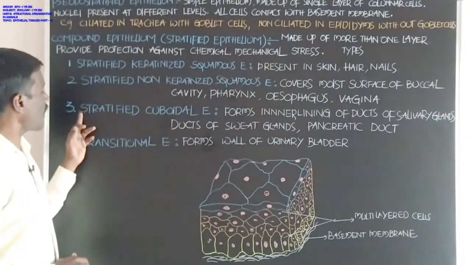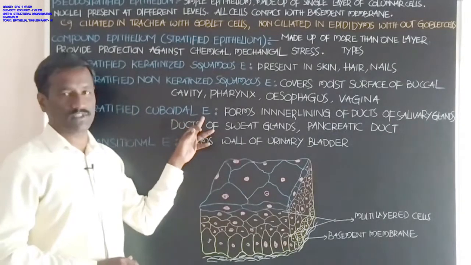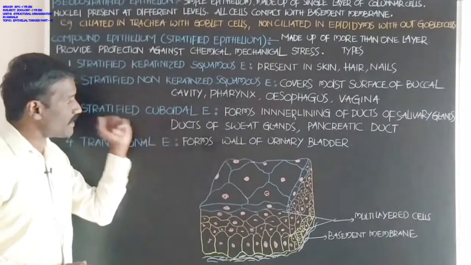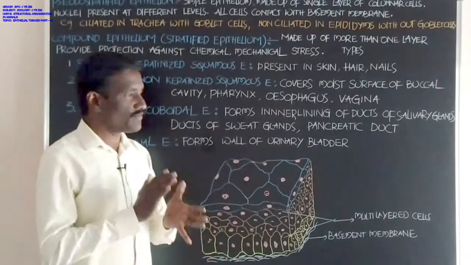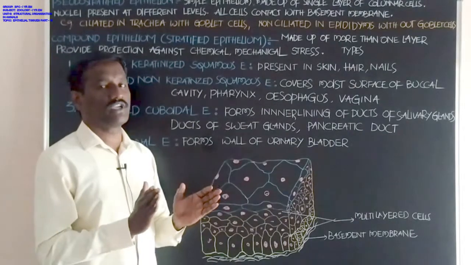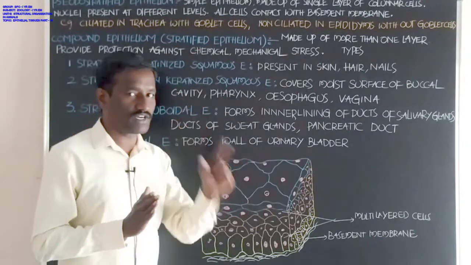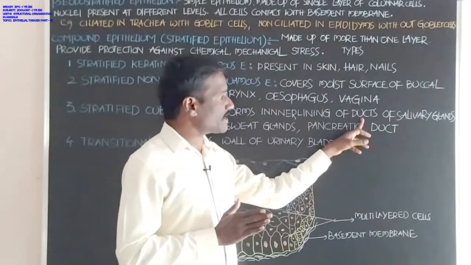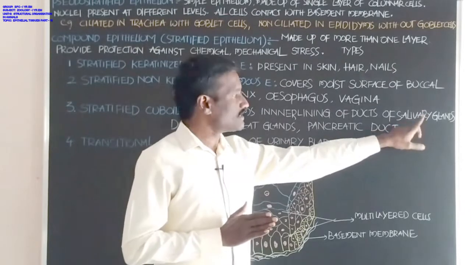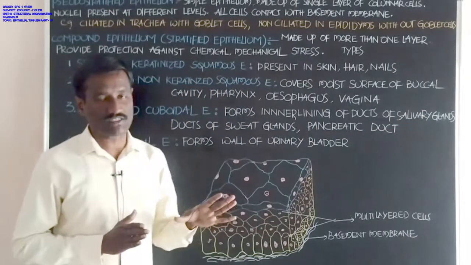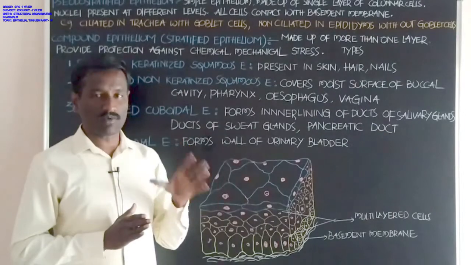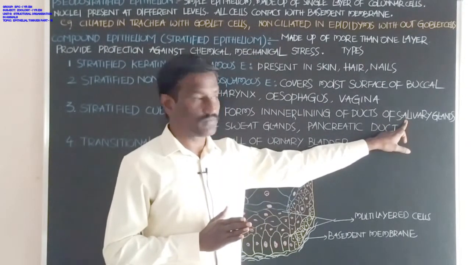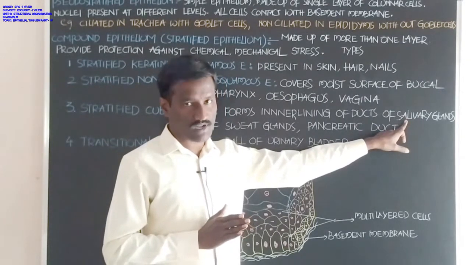Next, the third one is stratified cuboidal epithelium. Cube-like cells are present. It forms the inner lining of some ducts in the body of animals. It forms the inner lining of the ducts of the salivary glands. Salivary glands are three pairs in human beings, and they secrete saliva into the oral cavity.